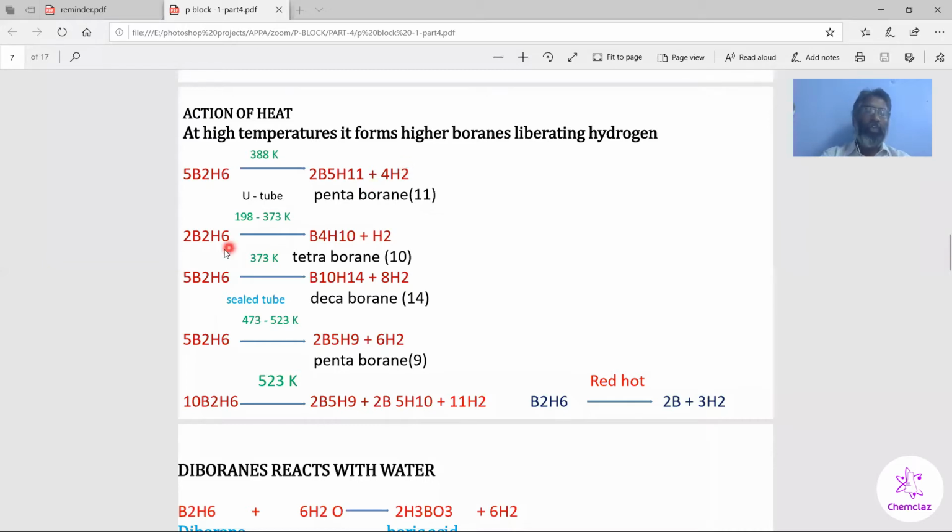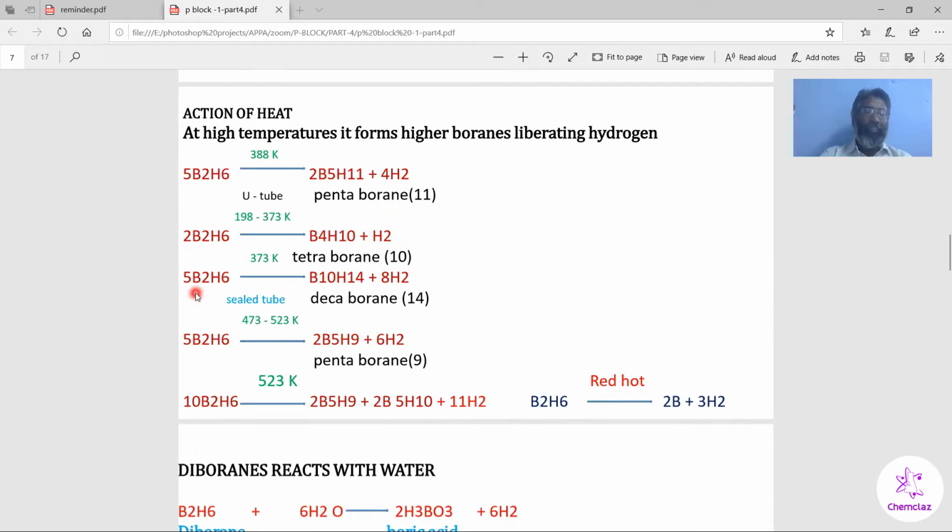Then we change the quantity of reactant: only 2 moles of diborane between 198 and 373 Kelvin gives tetraborane-10, where tetra represents 4 boron and 10 represents 10 hydrogen.